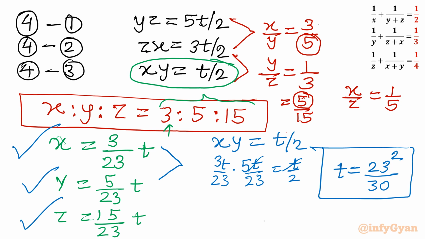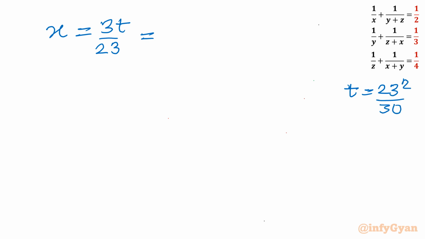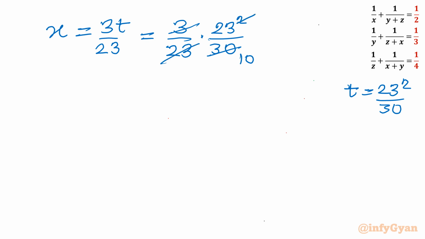So let us write our values. I will write x is equal to 3t over 23. Let's put the value of t. t is 23 square over 30. So I will write 3 over 23 times t, and t is 23 square over 30. I can cancel 3 and 30, writing 10 over there, and one power of 23 I will cancel by this. So what is left? 23 over 10.